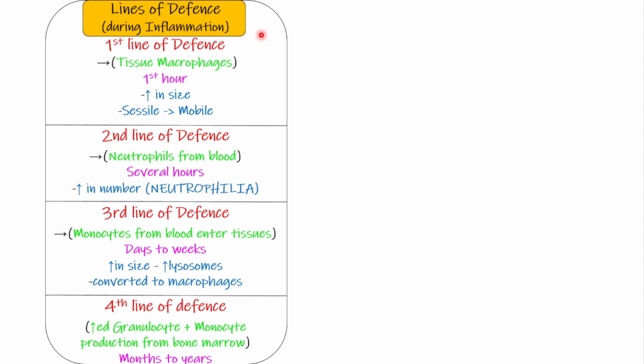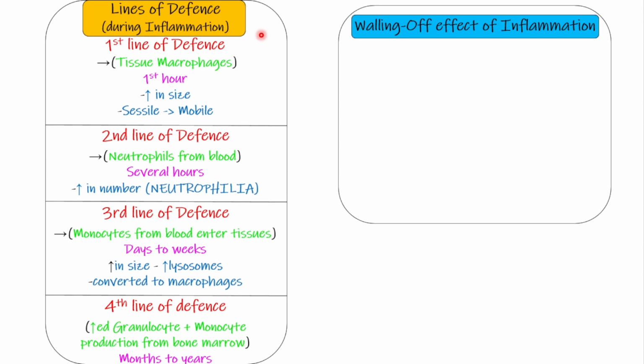Okay. So now regarding the inflammation, we have a few other points like walling off effect and pus, which we are going to discuss in this chapter. So walling off effect. What is walling off effect of inflammation? Whenever there is inflammation, there's basically localized vasodilation, and because of that vasodilation, there is increased permeability of the blood vessels.